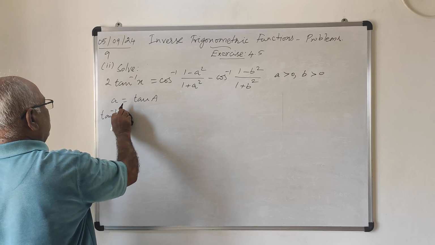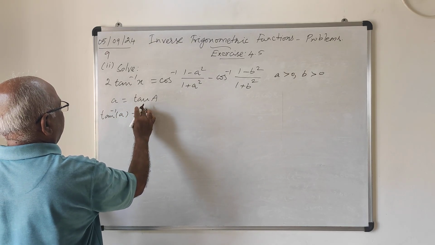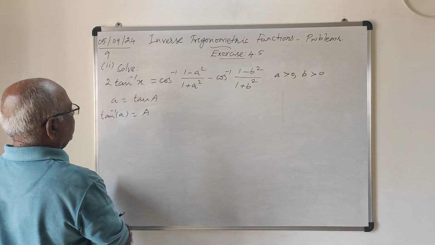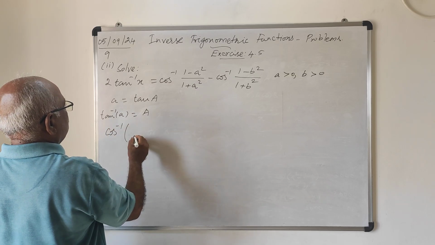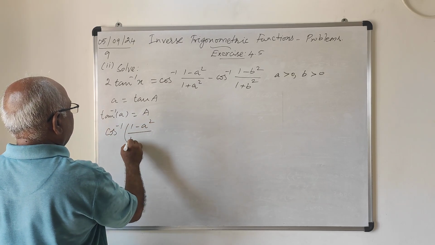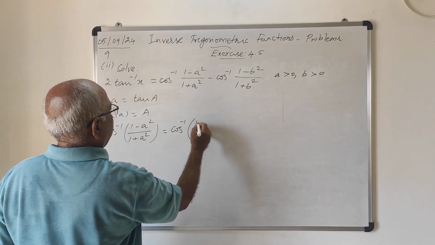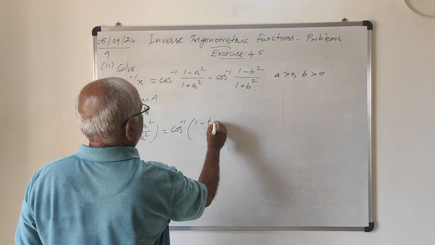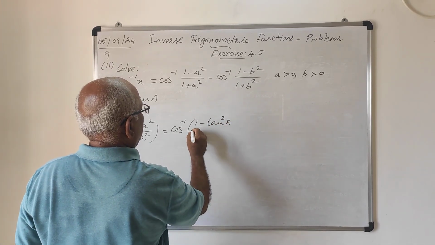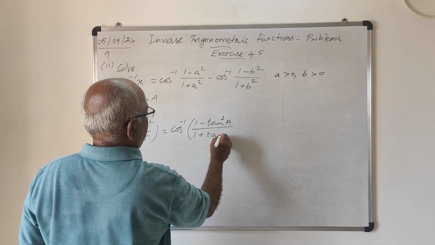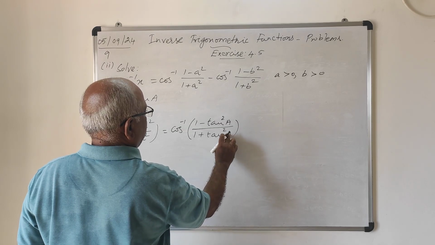If a equal to tan A, then tan inverse of a equals A. So in this expression, cos inverse of (1 minus a square) by (1 plus a square), if you rewrite this with a as tan A, that is cos inverse of (1 minus tan square A) by (1 plus tan square A).